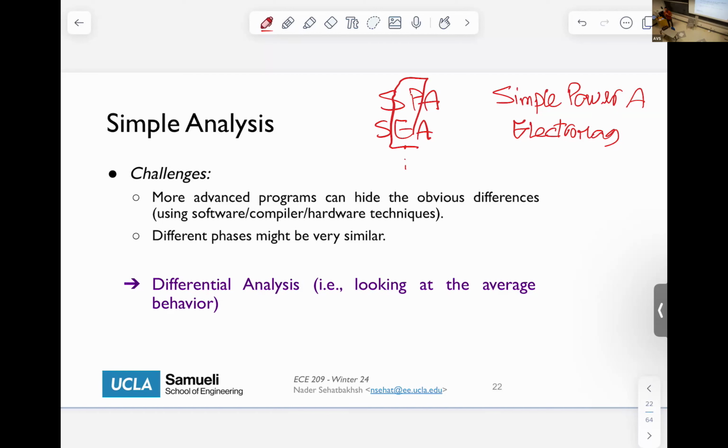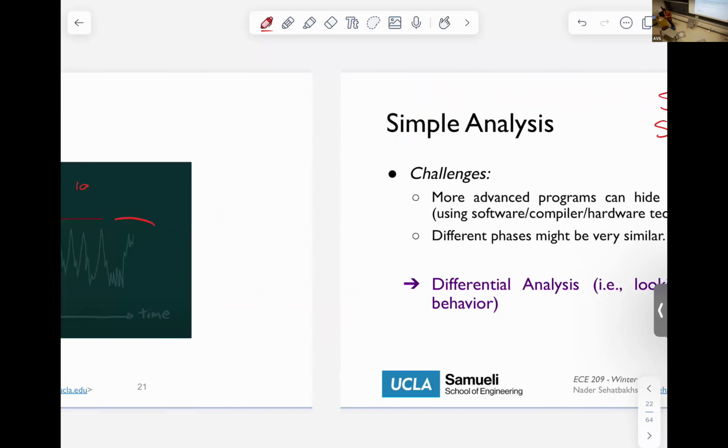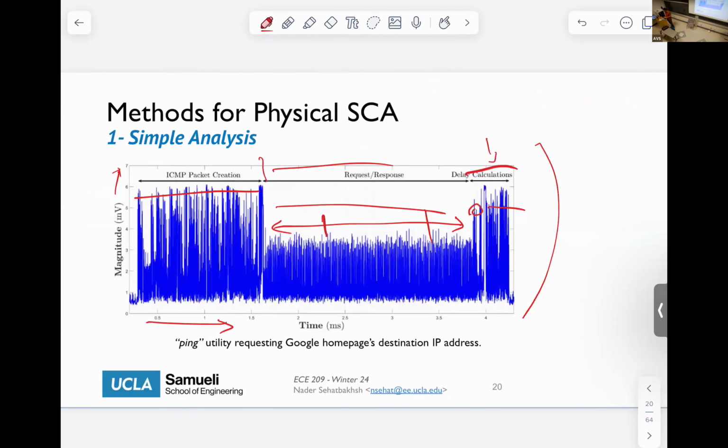You can mix things up such that it's not very clear which phase of the program we are in. If I start doing random things, then the signal that is received is going to be a combination of various different things. Another thing is that I can make these various phases of the program very similar to each other.